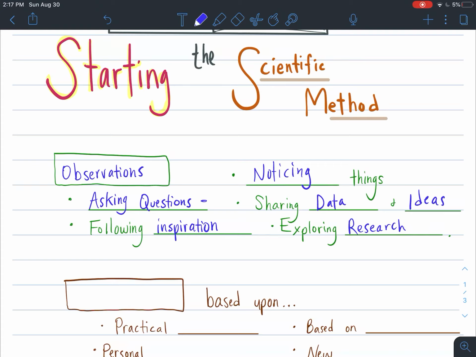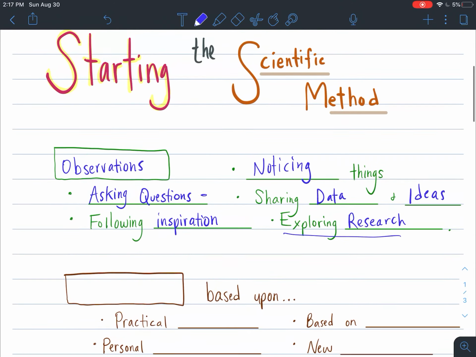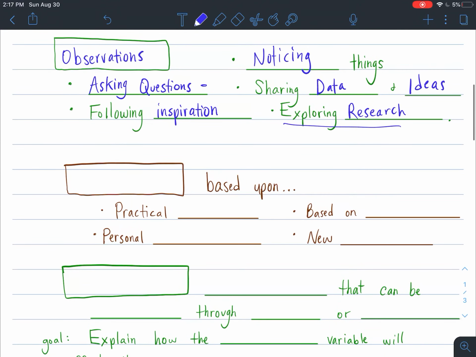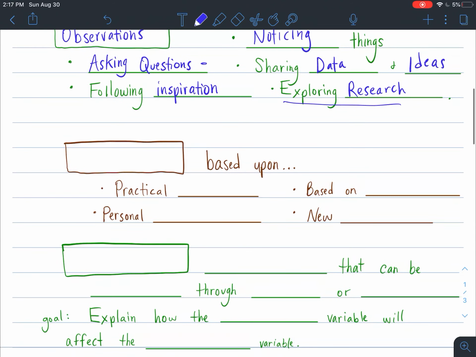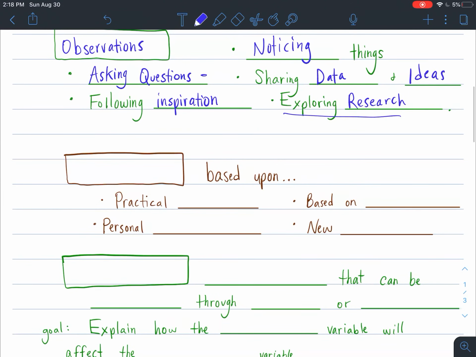So maybe they're researching a new dog, and they start to make observations about dogs because of this research. So observations typically come from these areas, and once we have made plenty of observations, then we can develop an appropriate question that can then be tested, or the question that we really want to focus our experiment on.